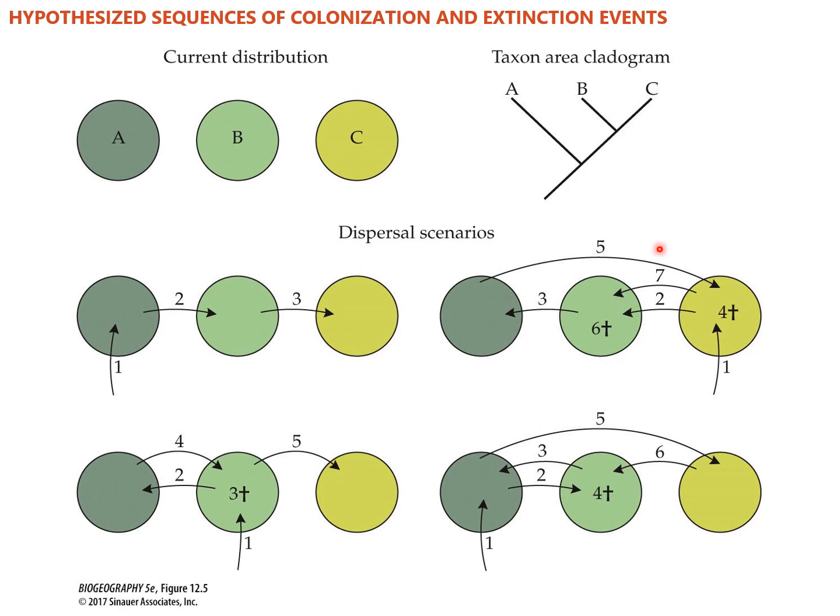And that's almost always the case, because dispersal can erase its own evidence through recolonization and extinction, and all of this can create the same taxon area cladogram. So that's something to keep in mind.